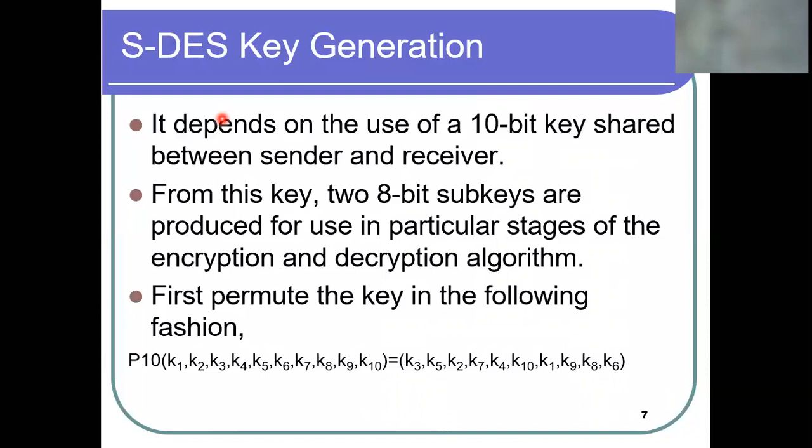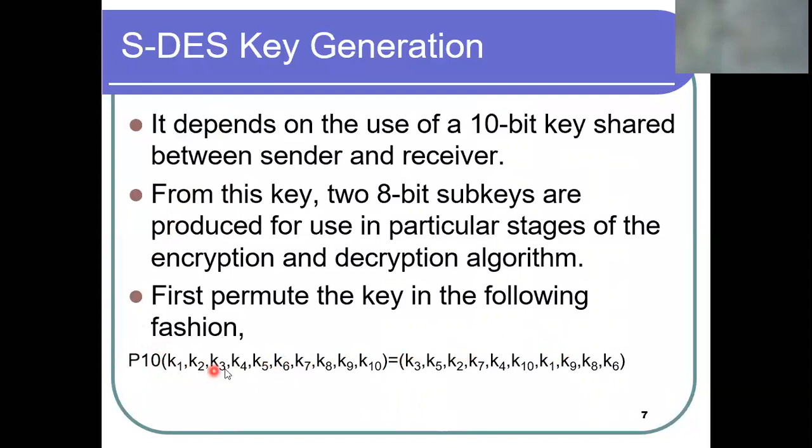Firstly, we will have to permute our standard key by using P10. That P10 is basically a permutation that permutes your 10-bit key into a 10-bit key in this order.